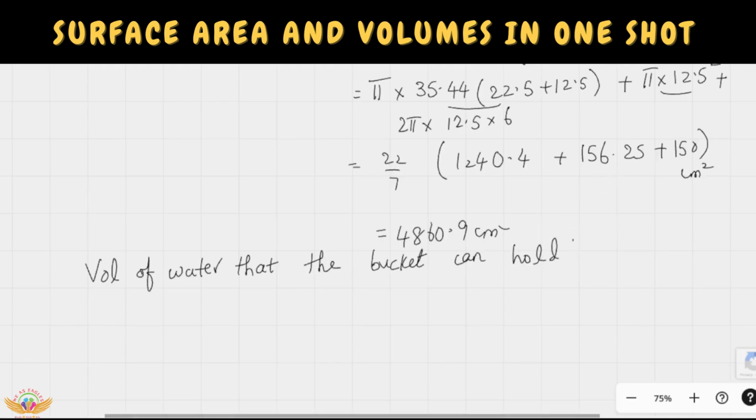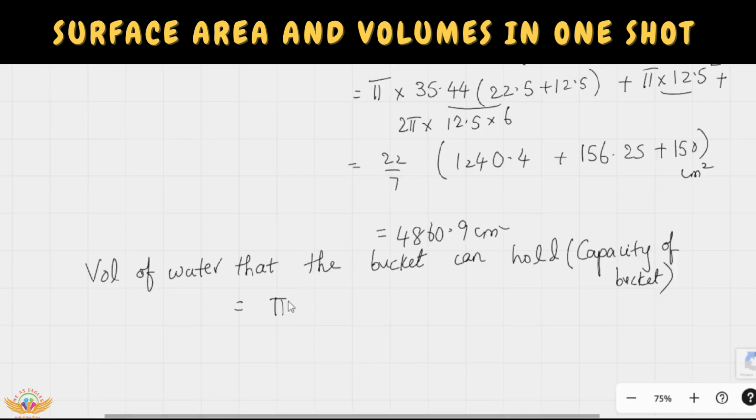We can also call it the capacity of the bucket. Capacity and volume are the same terms. Whenever they ask you for capacity, you need to find the volume only.